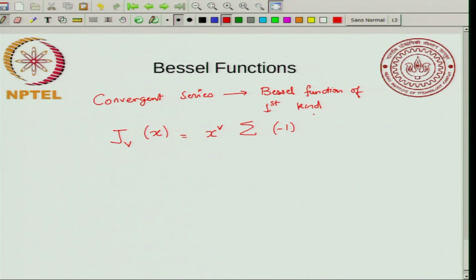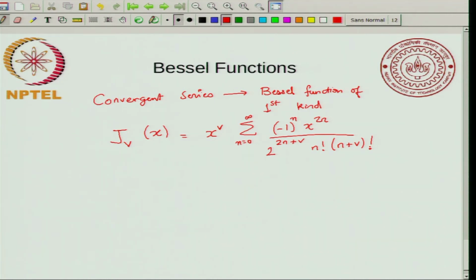This is the sum from n equal to 0 to infinity of (minus 1) raised to n times x raised to 2n, divided by 2 raised to 2n plus v, and then n factorial and (n plus v) factorial. So this is what you get.